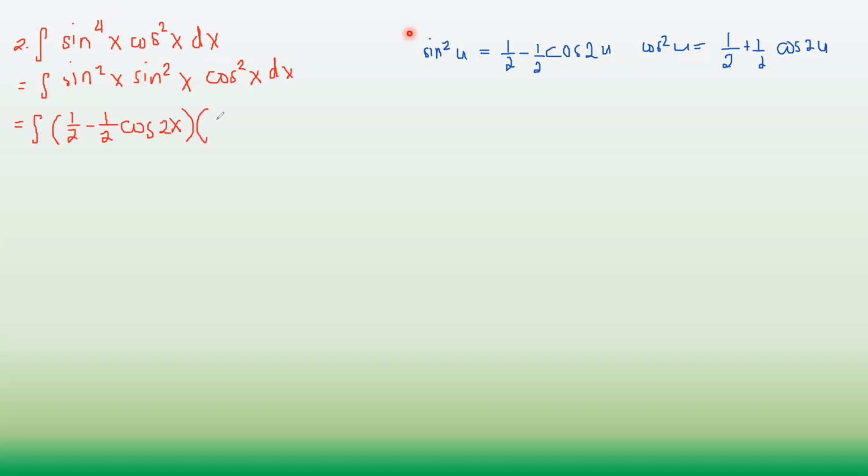Same with our sine squared, yung pangalawa. So 1/2 minus 1/2 cosine of, again, twice mo lang, kaya 2x. Times 1/2 cosine squared na tayo, kaya plus na rito. Plus 1/2, again, x lang, kaya cosine 2x siya ngayon. Dx.